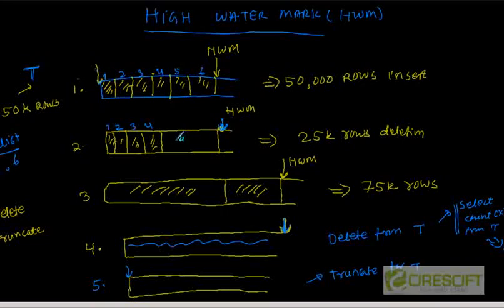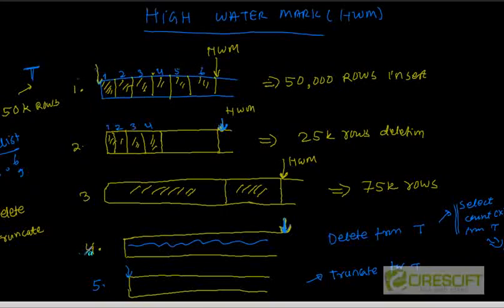They are below the high water mark, and those are empty, so we can insert rows there. Whenever you do the next insert, we are going to insert into either block number 5 or block number 6.